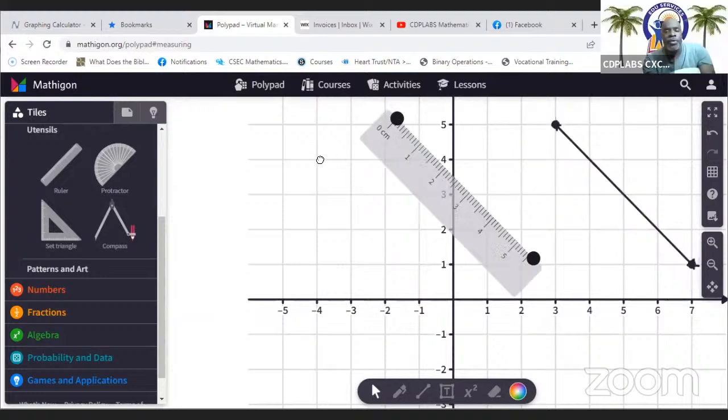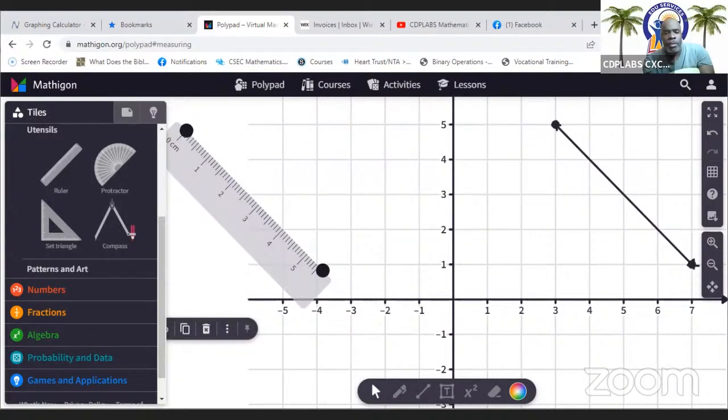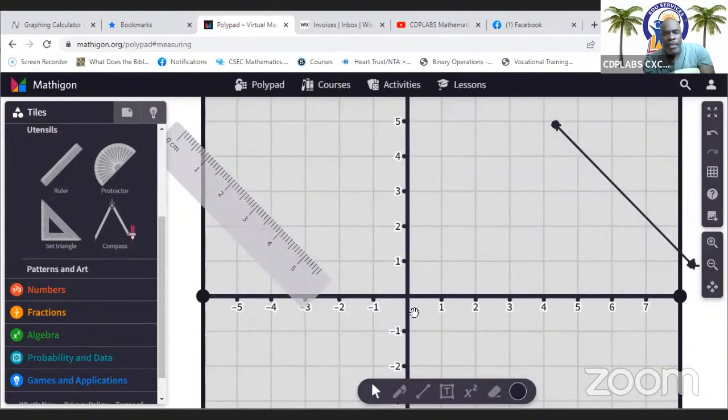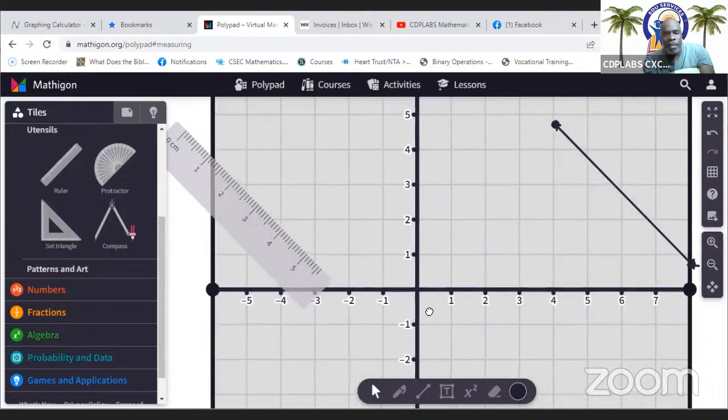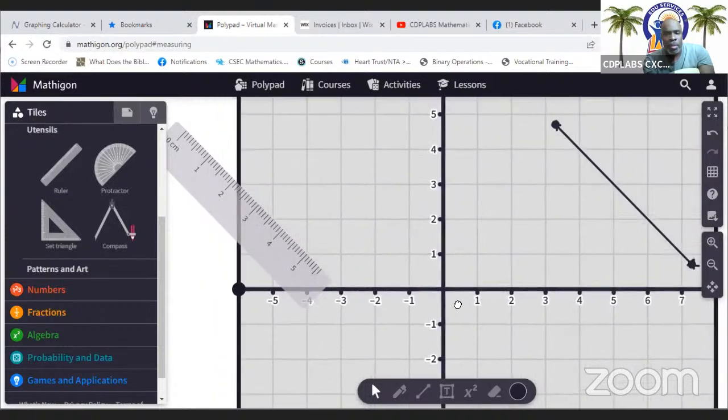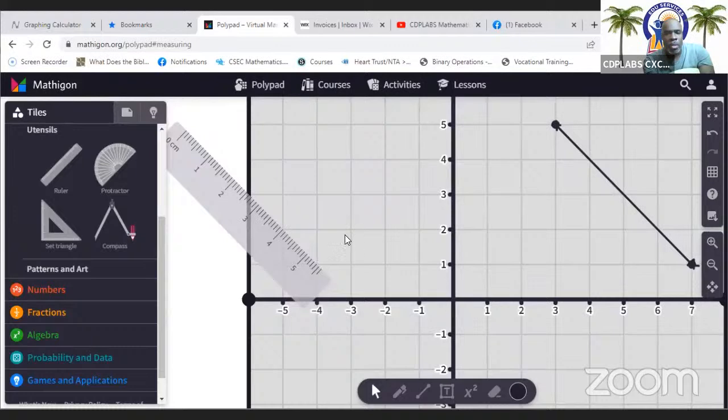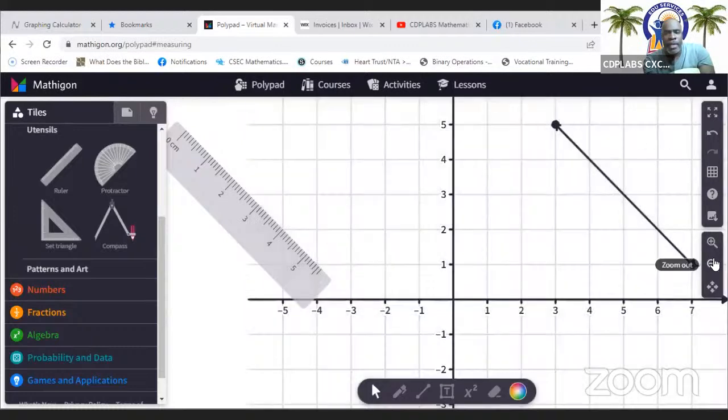Now, when they're talking about the gradient of the line, it is the slope. You can use a graph to find the gradient of the line, but I'm also going to show you how to calculate it. The graph is like a calculator to give you the accurate answer.